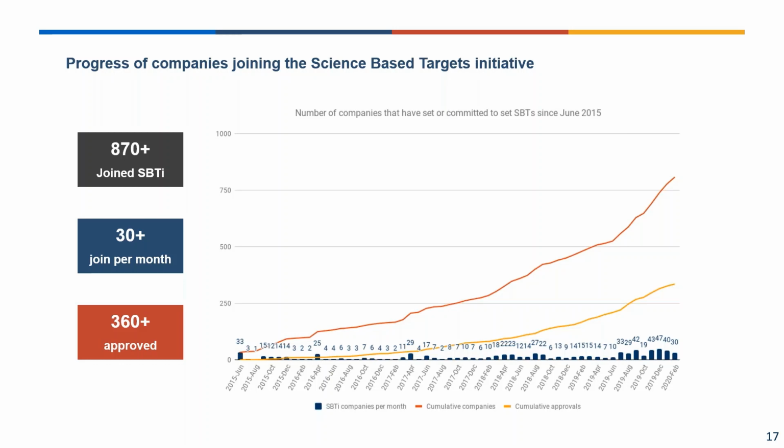And we have a mix of sectors, including high emitting industries. We have many power generators. We have iron and steel, cement, chemicals, and others. And we hope to keep bringing in major players in these sectors. However, the initiative welcomes the commitments and the targets of all types of companies and company sizes as well.